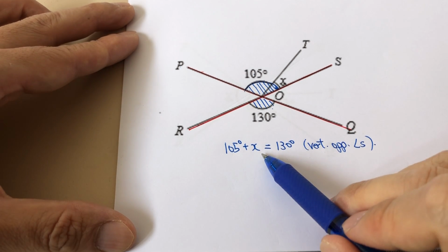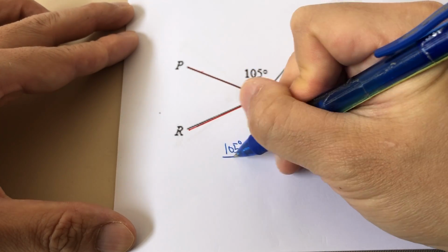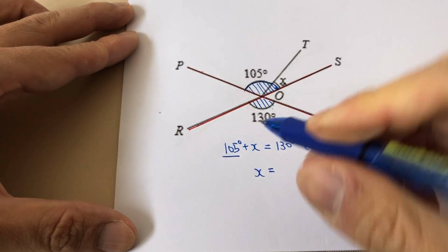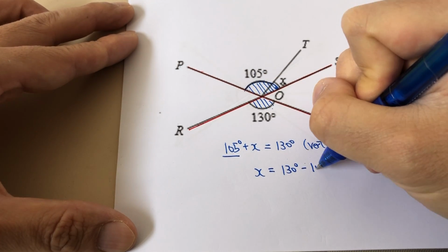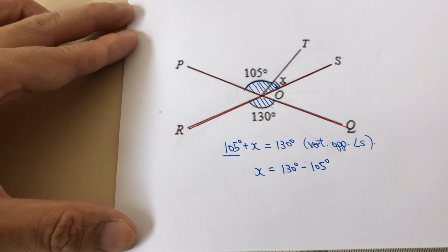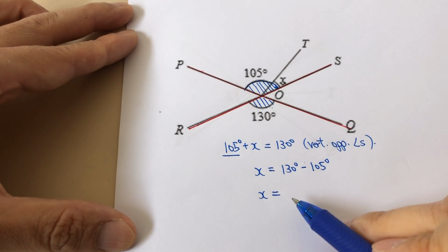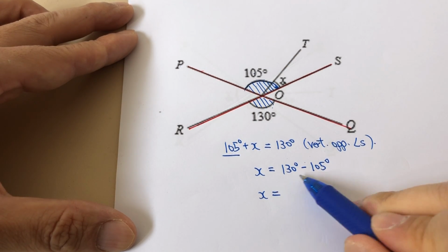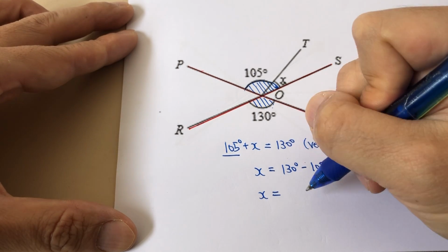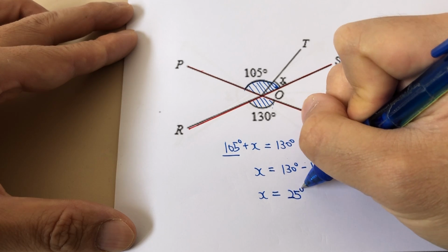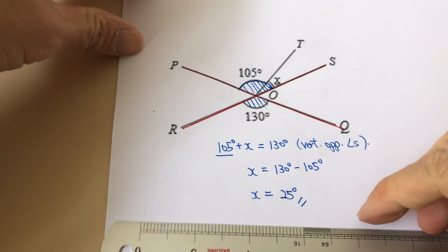Now, let's continue. Then what to do to get rid of the 105? Just bring this to the other side. It becomes negative 105. Without calculator, can you tell me what is x? 130 minus 105? Yes, 25. 25 degrees. Okay?